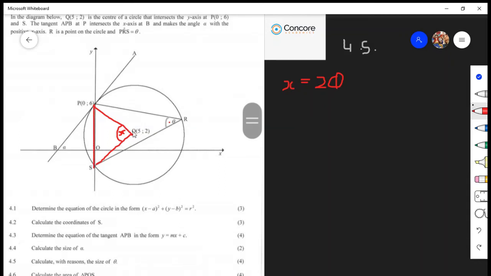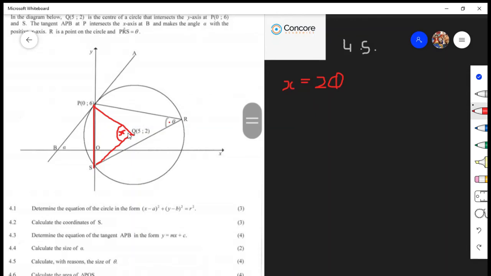Using this triangle, we can calculate angle X, the angle at the center, angle PQS. And if we have angle PQS, because of the theorem of angles at a center, we can calculate angle theta, because according to the theorem, angle theta is half the size of angle X, and angle X is double the size of angle theta. So do you understand now?